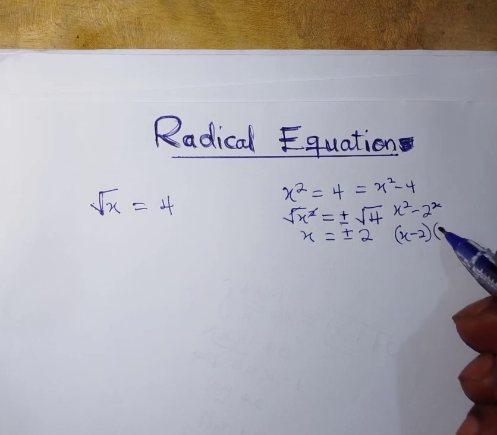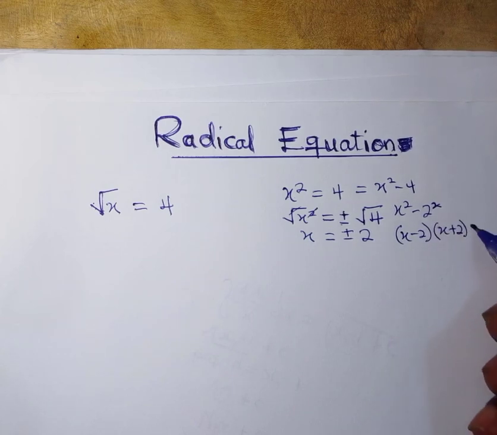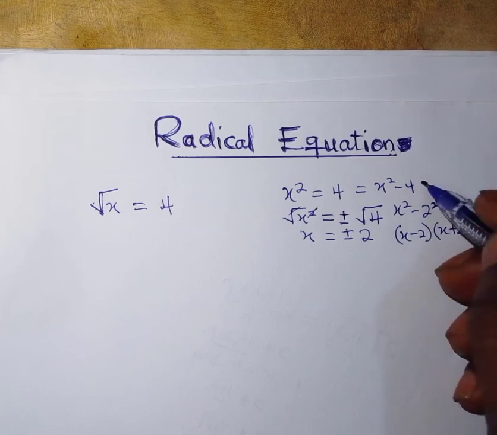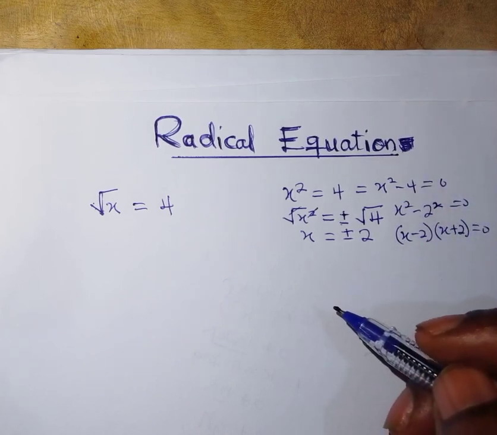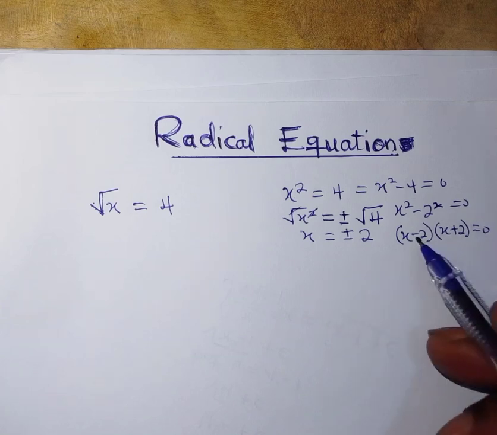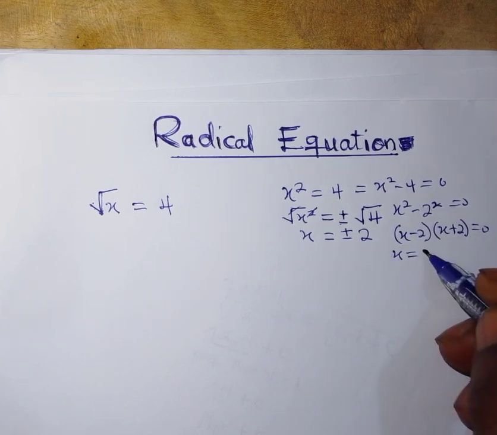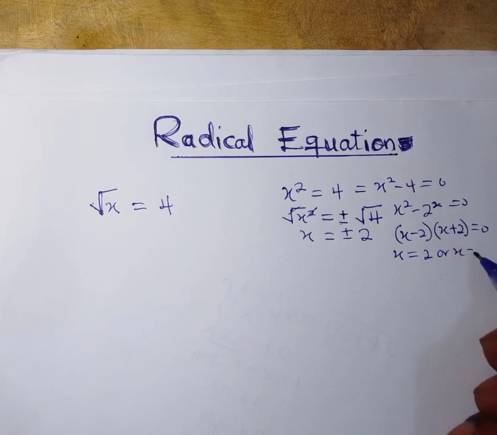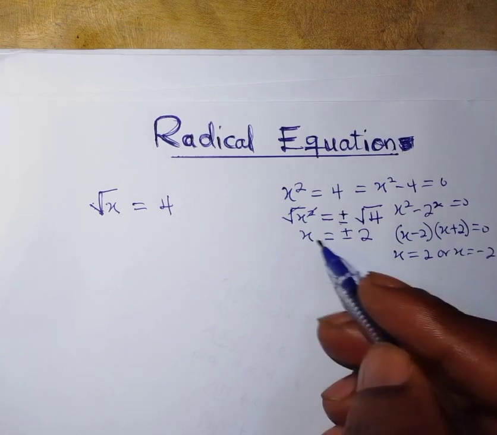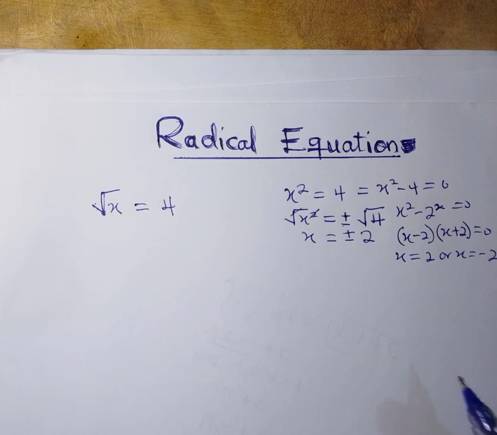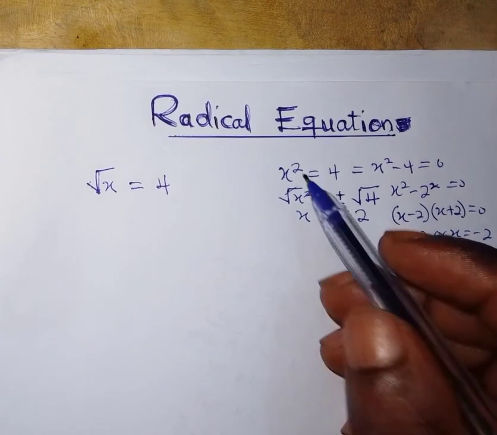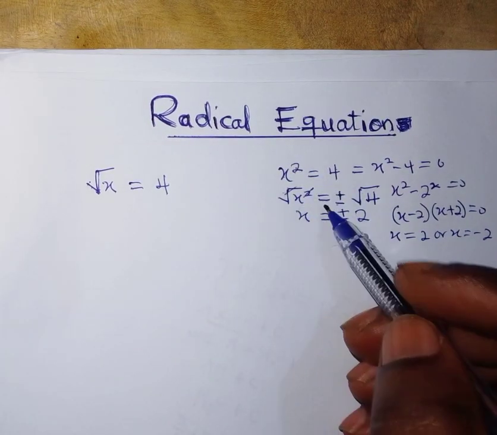Two squares. So (x minus 2)(x plus 2) is equal to 0, because I'm going to get x is equal to 2 or x is equal to negative 2. That is why we are getting this. It means we are getting two solutions. Have you gotten that? Good. So if you have this, this is how you go about it.